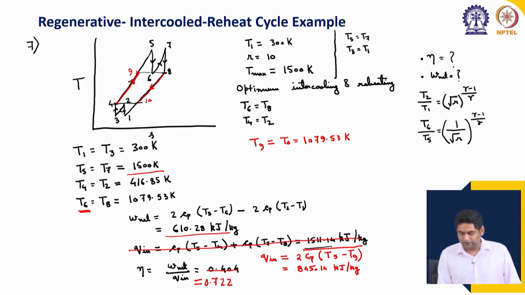This is only possible because of the combination of all the three phenomena together. This is much higher as compared to all the other previous values that we had obtained, and the work output is also highest, but is still equal to that of the combined intercooled reheat cycle.